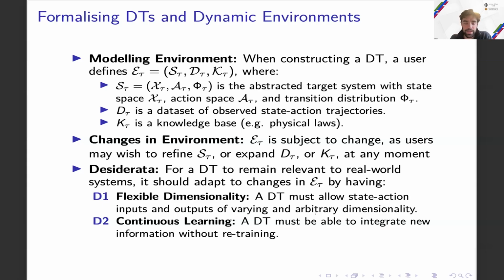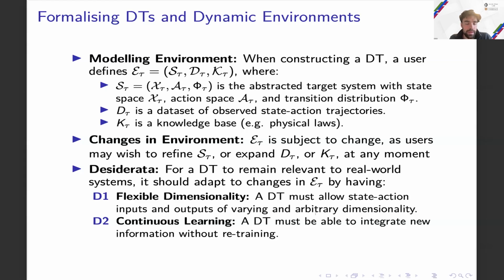And this means that we define each and every variable that we want to model the system. So each and every state variable that describes the system itself, and every action variable that can be applied to the system itself, and the transitions from one state to the next based on what action is applied. This is what we call the abstracted target system.